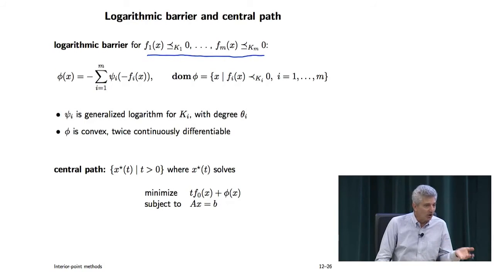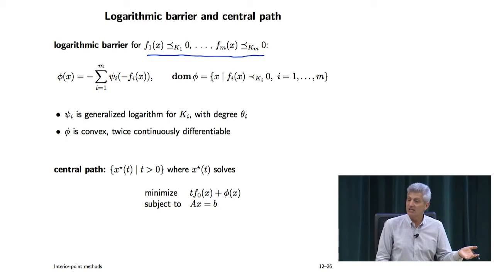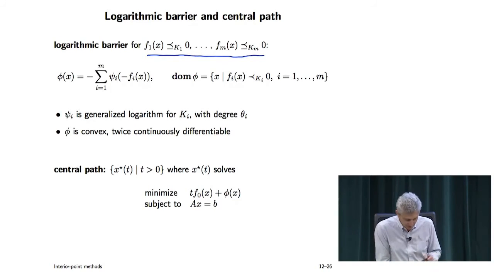And then it would be overloaded, meaning log has a different meaning depending on the type of its argument. If it's a scalar, it's your old friend log. And if it's something in a cone, it refers unambiguously to some generalized logarithm for that cone. So, for example, log of a matrix would then be interpreted as log det. So, anyway, that's what this is.